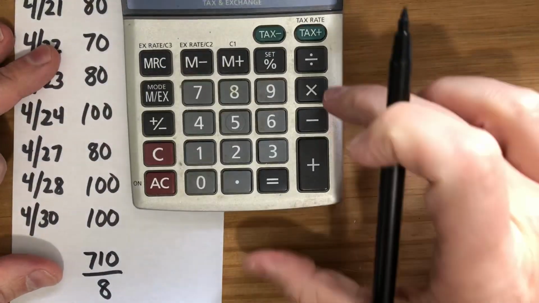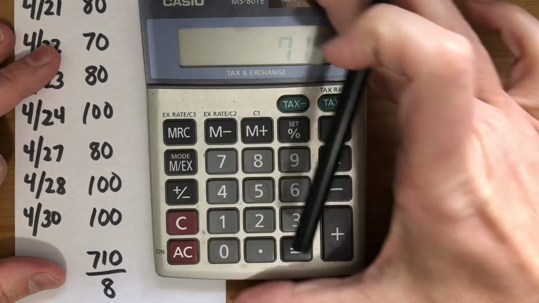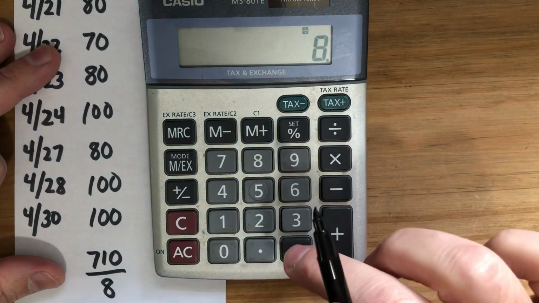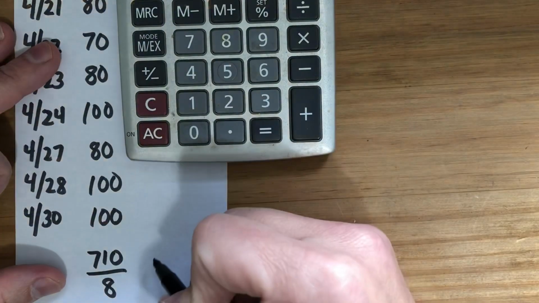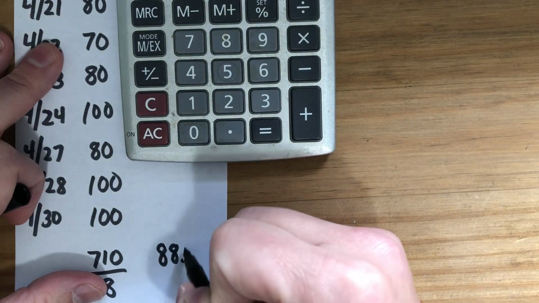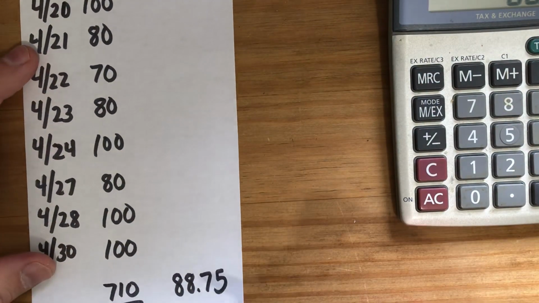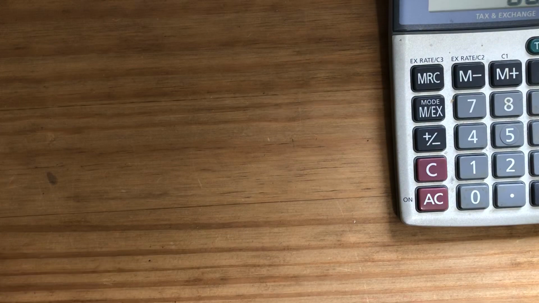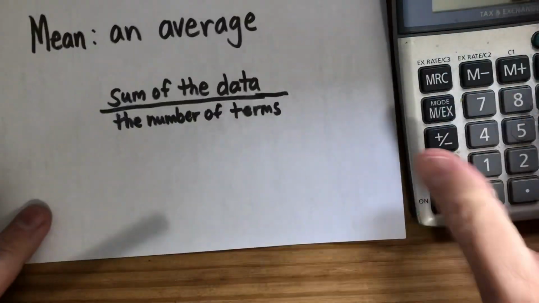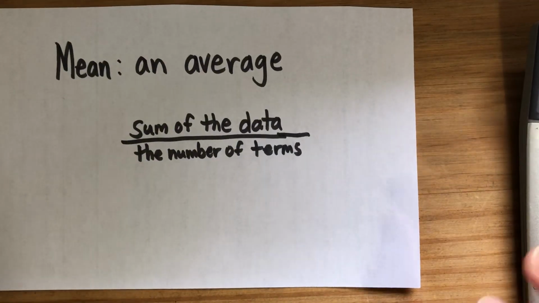So we're going to go ahead and divide this by 8, and you can see his answer is 88.75. So 88.75 is Nick's average, and again, you would go ahead and round that up so that Nick's average is an 89 or a B.